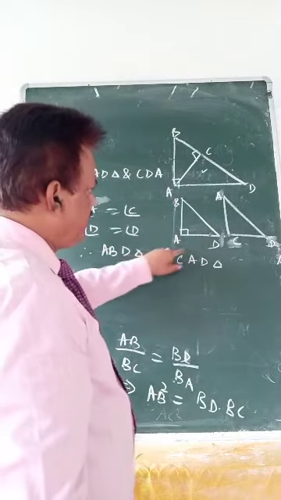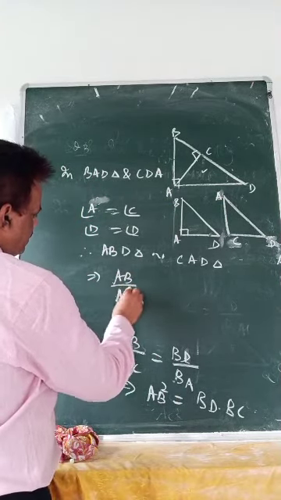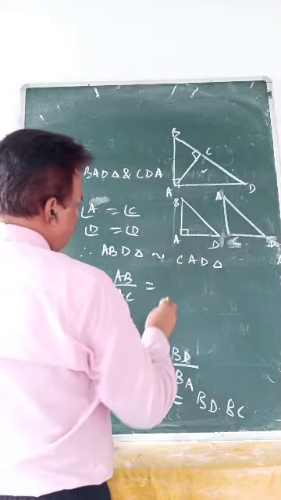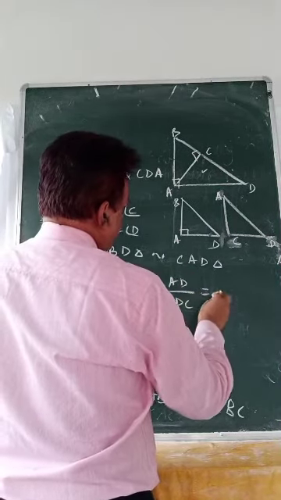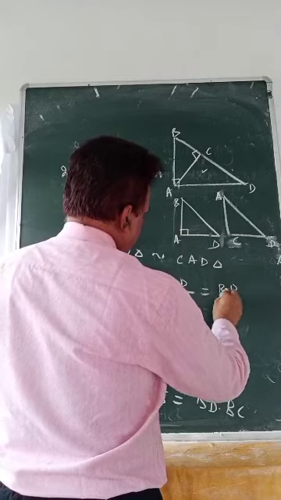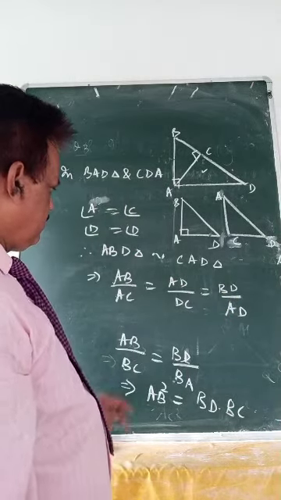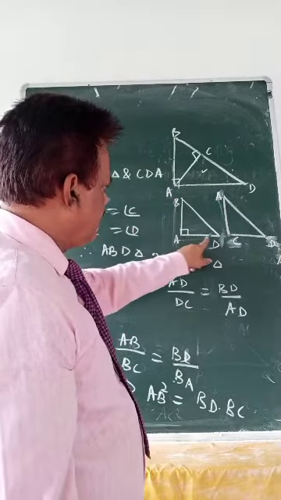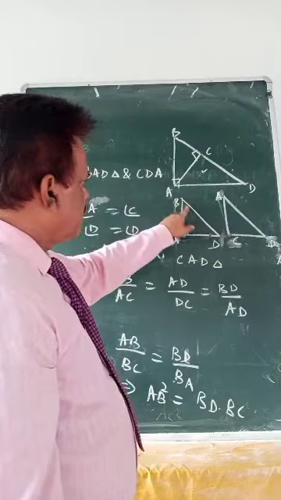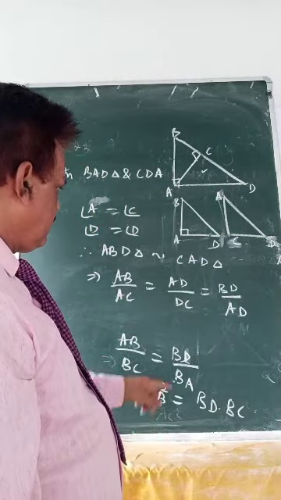Corresponding sides: AB by AC equals AD by DC equals BD by AD. So is anything common?